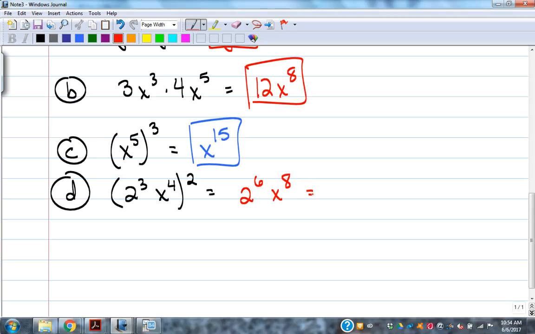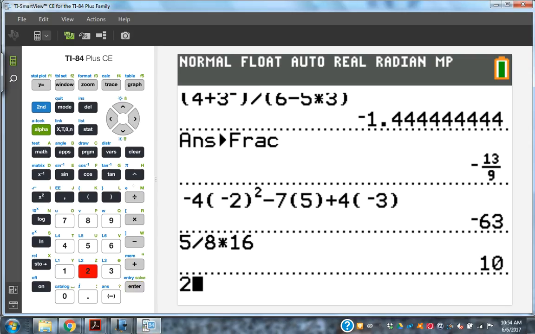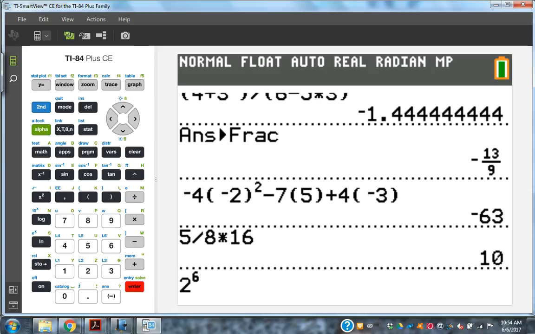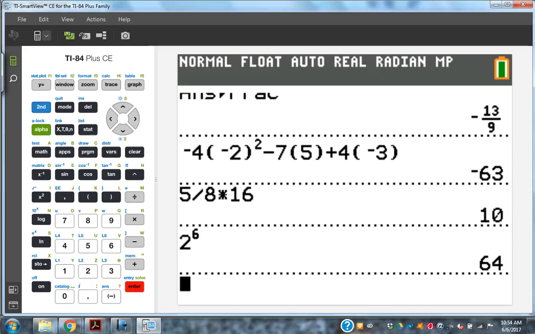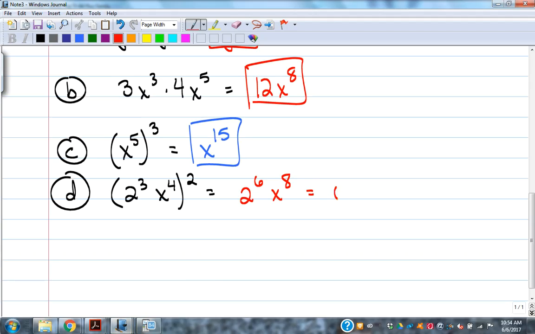And then we're going to go ahead and work out what 2 to the 6th power is. 2 raised to the 6th, 64. So I'm going to write that number, 64, x to the 8th. 2 to the 6th power is not a huge number. It'll fit on our calculator screen, so we can do it that way.